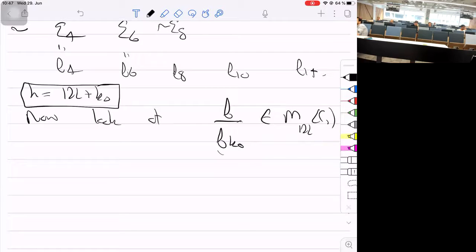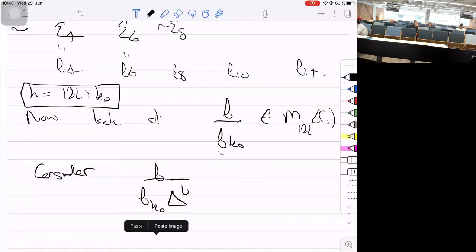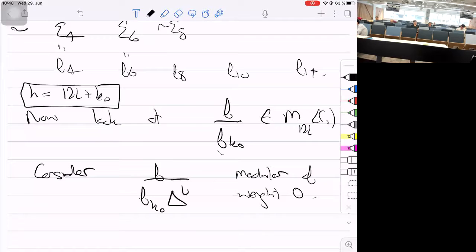Let's divide through by enough powers of that to get something of weight 0. So we take F divided by F K naught times delta to the L.